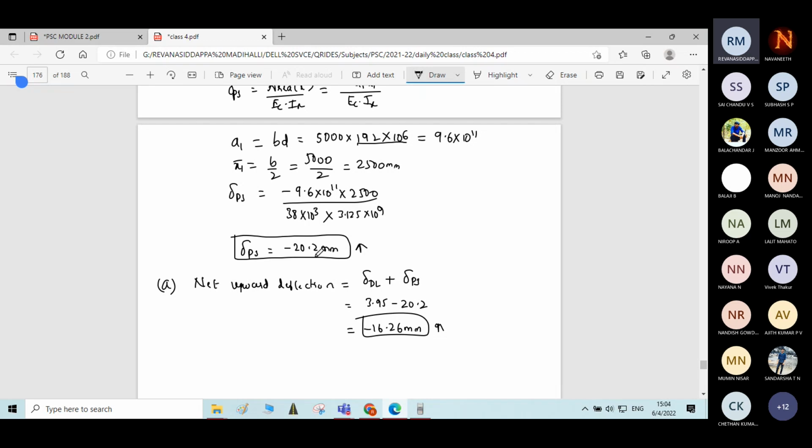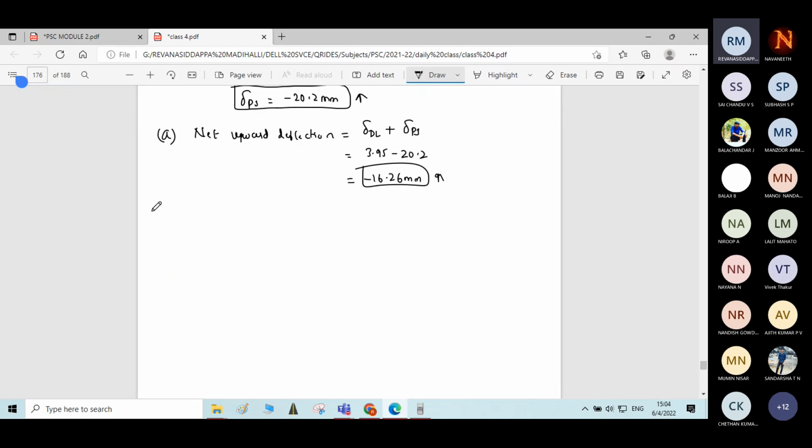Okay, I hope you are understanding. Considering question B we are solving now, considering 20% loss of prestress, that is 100 minus 20, that is 80% left as the prestressing force.